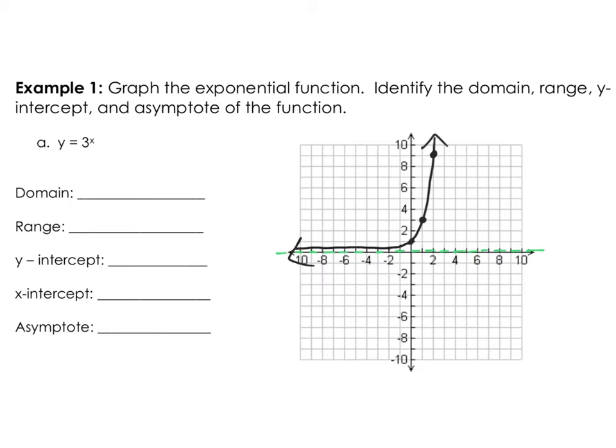So first off, the domain and range. For domain, we go from left to right with a vertical line. The very first thing that I touch is an arrow, which means I'm going from negative infinity. And the last thing I touch is another arrow, so I'm going to positive infinity. Remember, when we use infinities, we use parentheses. Okay, for range, we're going to go from bottom to top.